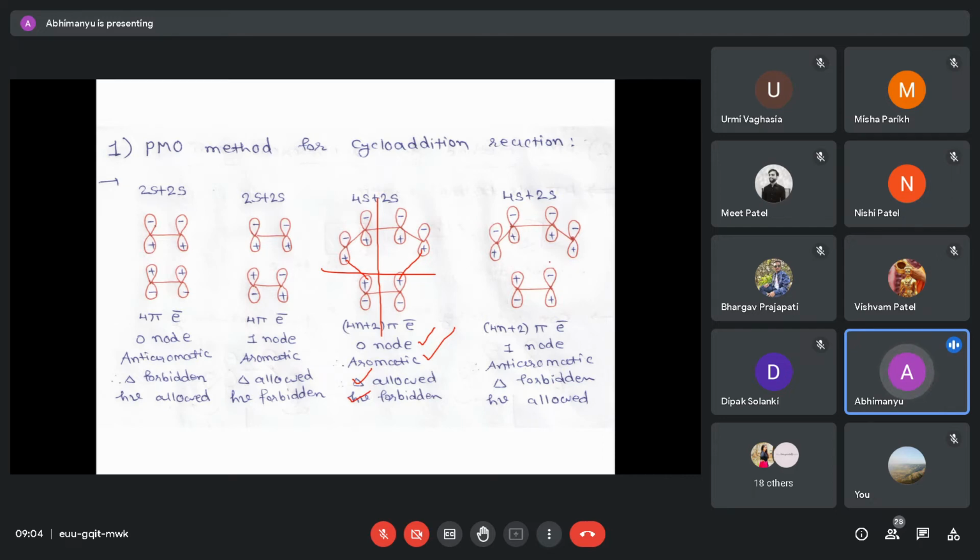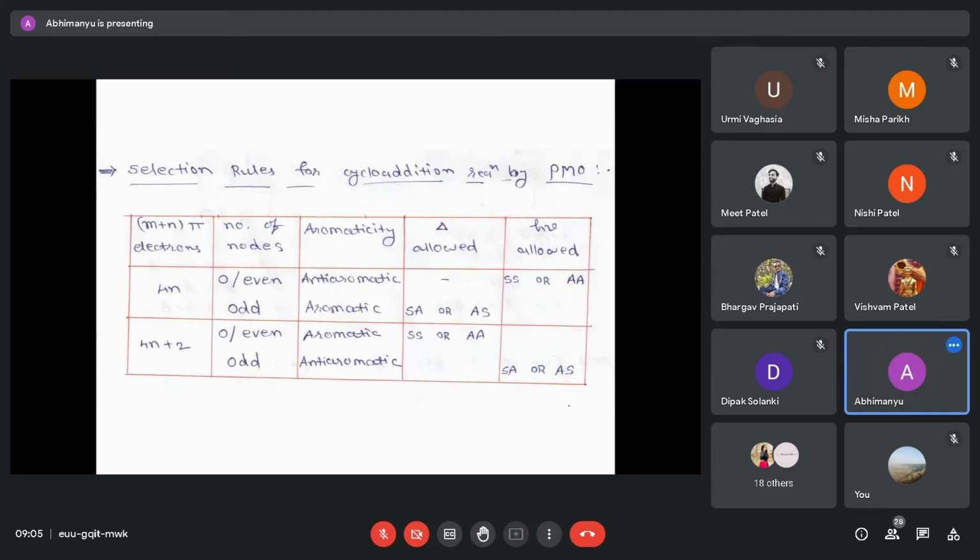But in 4n plus 2, plus plus possible, plus minus no, symmetry not possible. Here one node is present, so 4n plus 2 pi electron system is converted into anti-aromatic, so we can say that photochemically allowed. So same rules, selection rules for cycloaddition reactions.